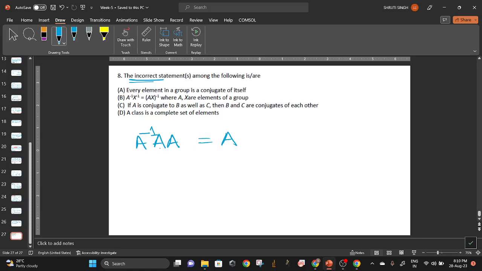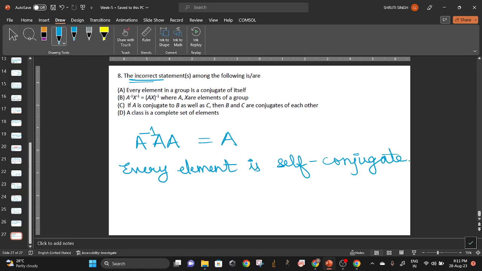For any element, we can write it as a similarity transformation with itself, with respect to itself. So every element is self-conjugate.